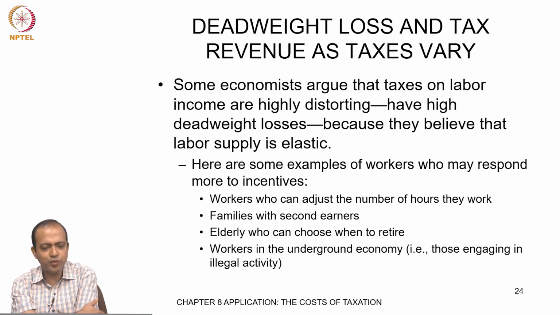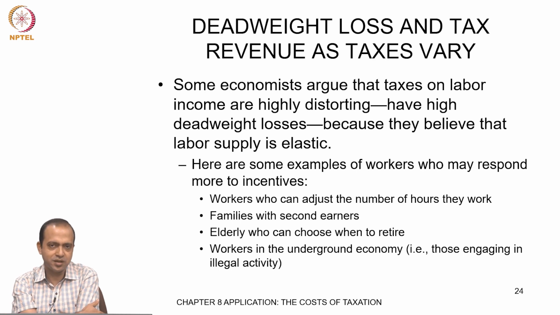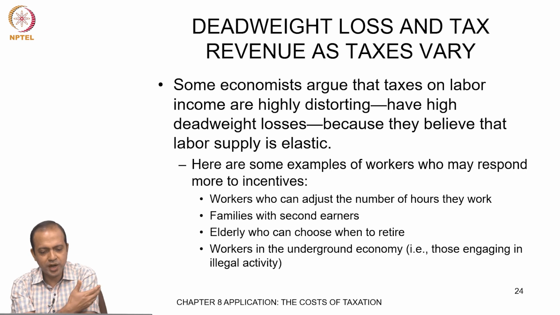They have high deadweight losses because they believe that labor supply is elastic. Okay? If tax is imposed on income, people have very little incentive to work more. How do they adjust? Workers who can adjust the number of hours they work will adjust the number of hours. Or maybe families will think twice before sending second earners to the labor market. Anyway, there is too much tax.